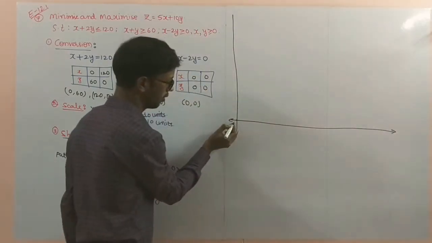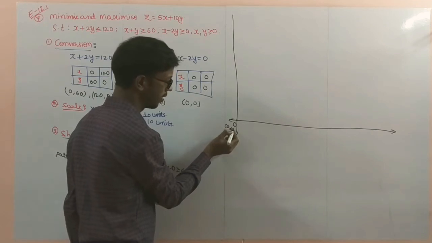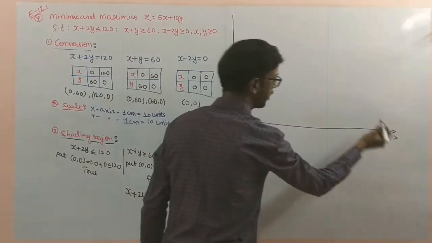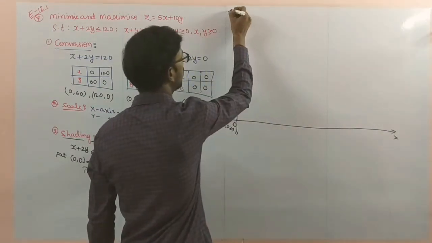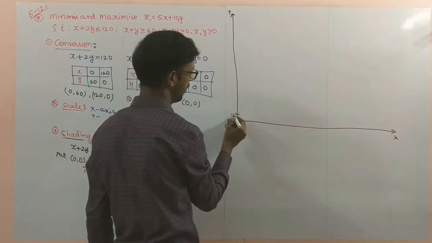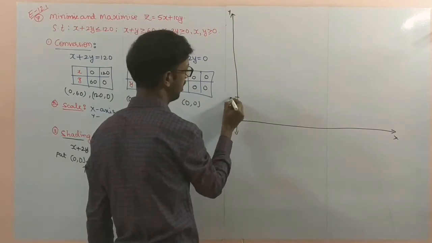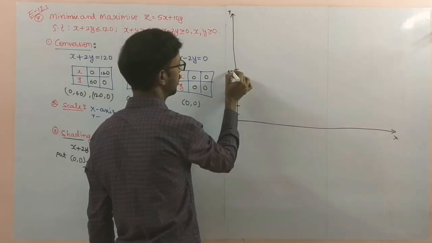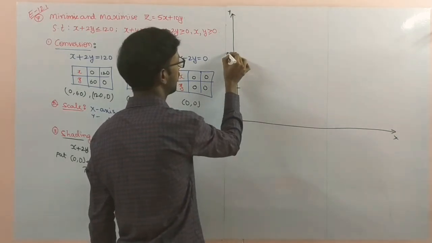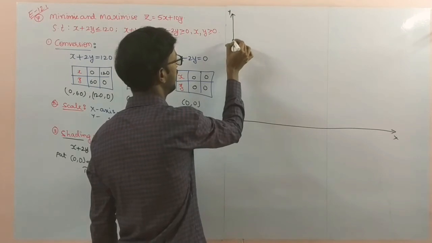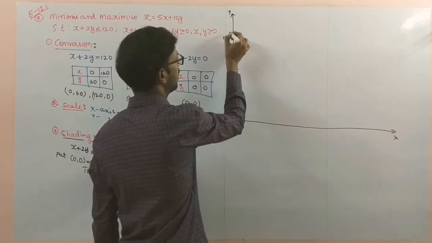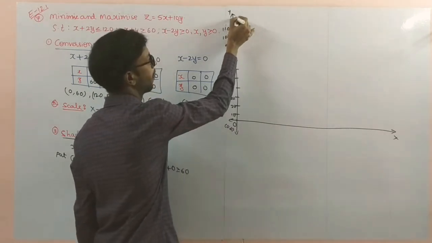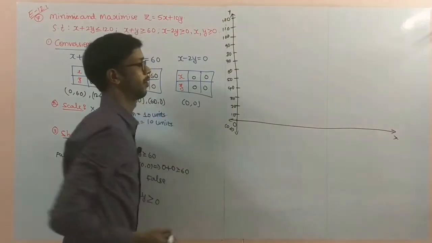So first of all, this point is O, 0 comma 0. This is x, this is y. Mark 10, 20, 30, 40, 50, 60, 70, 80, 90, 100, 110, 120.